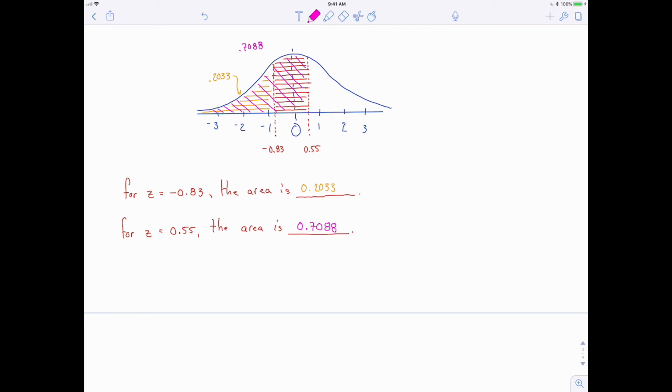Well, the red area is found by taking the pink and subtracting the orange.